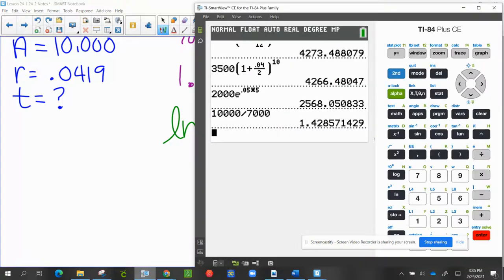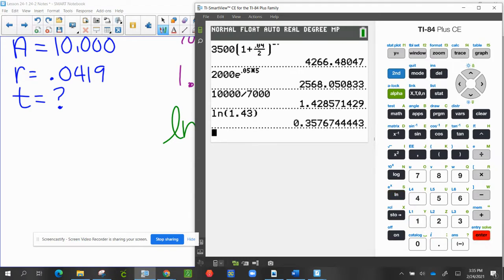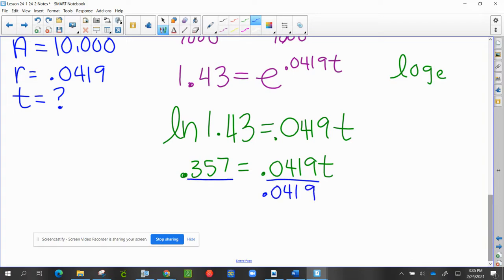So I'm going to open my calculator and hit the natural log button. The natural log of 1.43, so we get this decimal, 0.357, equal to 0.0419 t. Now the last thing we have to do to solve for t is just divide out that coefficient. I know this problem doesn't really have nice numbers, so that makes it a little harder.